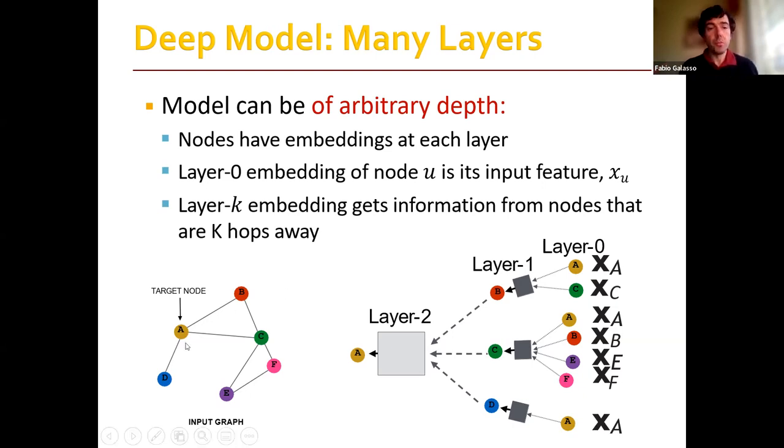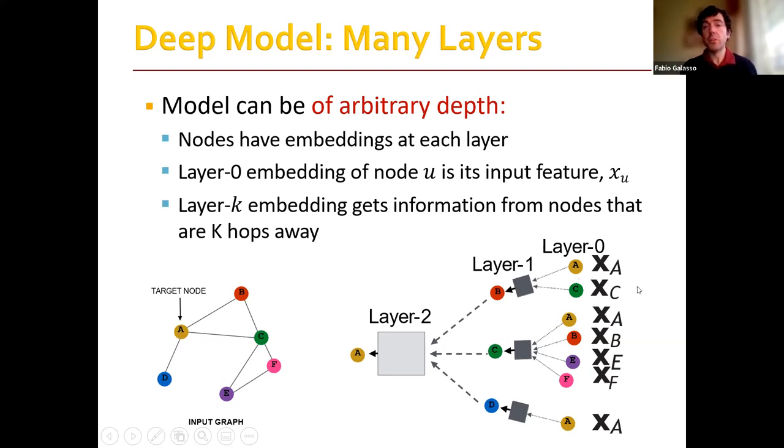So if you consider node A, then at layer 0, it's just A. At layer 1, it's the one hop neighbors of A. So it's D, C, and B. And with one more layer, you can gather information from nodes that are one hop farther away from A. So if you consider 2 layers, then you also have information from F and E, which are both of them 2 hops away from A. And that's what you see basically here, right?